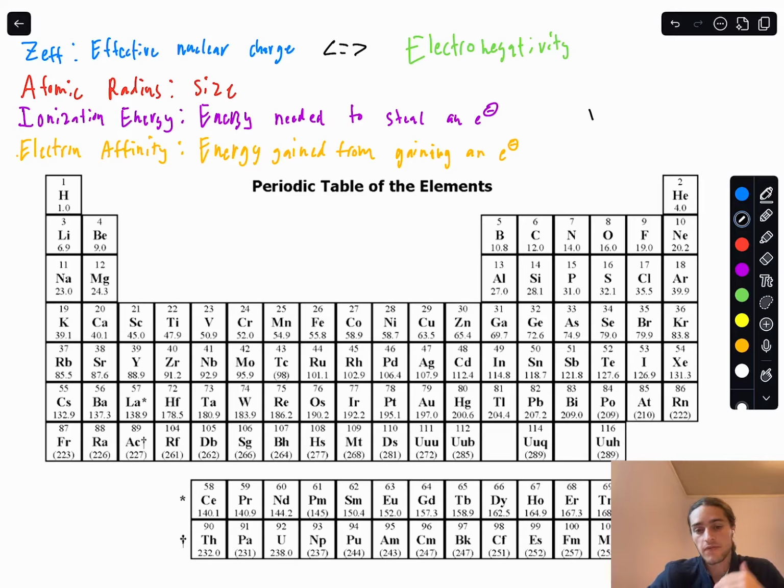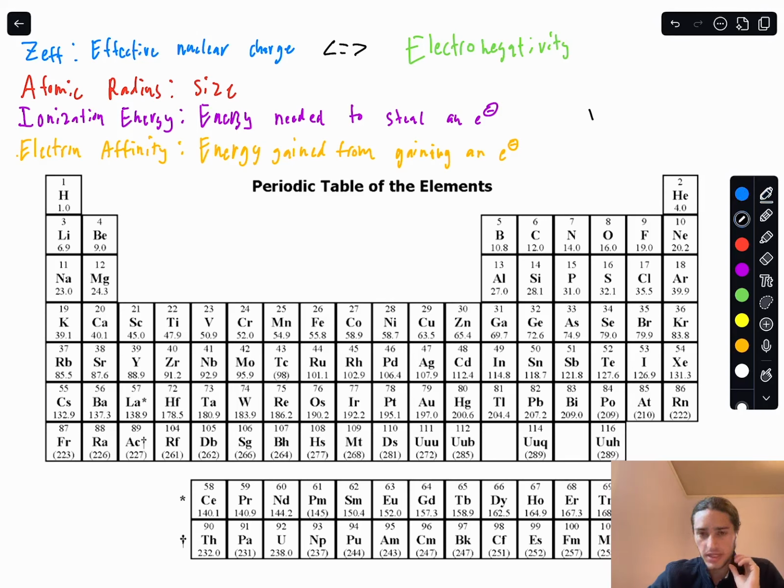Every group shares very similar characteristics. The elements in a column tend to bond very similarly, which means they make the same types of molecules. They also tend to have similar physical properties as well. That's a really good thing to know.